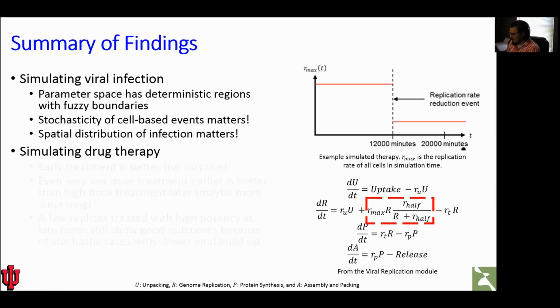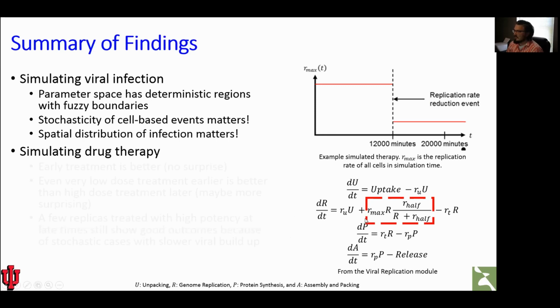Now, one of the cases that we simulated in our early work was simulating a drug therapy. This is shown here to the right. This is the set of equations that are used for our viral replication model. A model of this type is assigned to every cell, and this models the various phases of viral replication inside each cell.